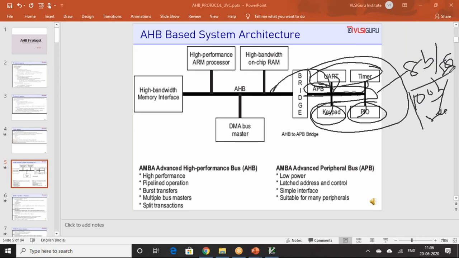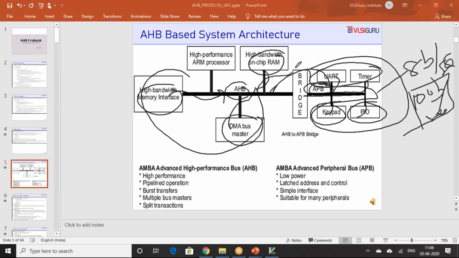Imagine that with respect to 100 bytes per second. That's a very low rate, right? So for that purpose, we go with the APB protocol. Whereas high bandwidth RAM, DMA master, and high bandwidth memory interface require huge data transfers. Hence, we connect them to the AHB interface. Accordingly, based on the requirement, we decide whether they should be connected to AHB or APB.